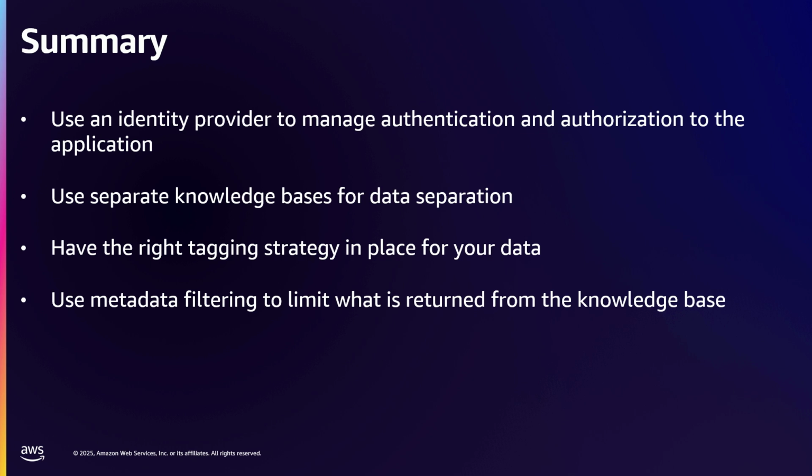The third item is you want to use the right tagging. Tagging will really be important when you start growing, right? You have your knowledge base giving you access to your data. As you bring in more data, you apply the same tags. You just need to use the same knowledge base to access that data. And then the last item for providing fine-grained access, you can use metadata filtering.